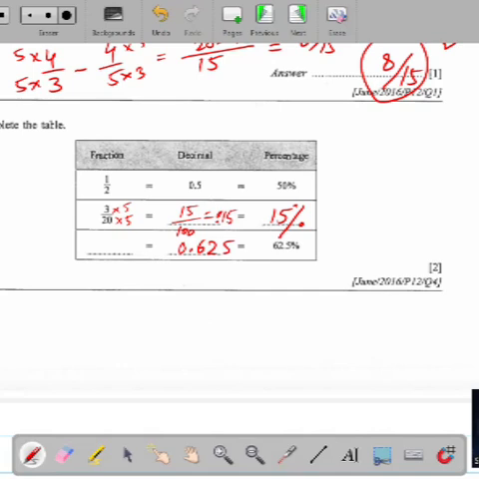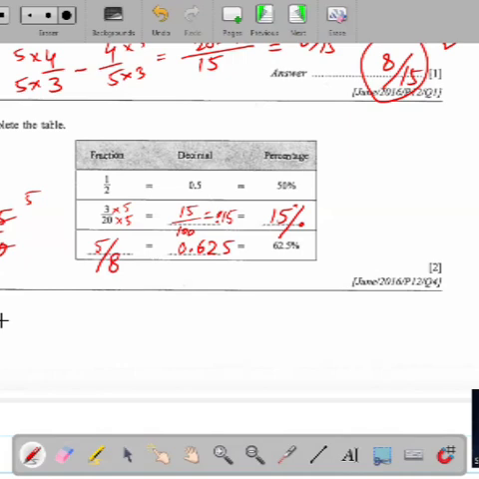Let's go for simplification. 5 times 5 is 25, 5 times 200, 5 times 40. And then 25 over 40 is here. Go for more simplification. You are getting 5 over 8. So this is the simplified form of the fraction.